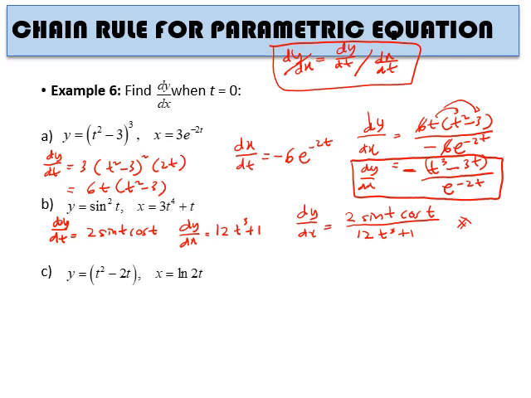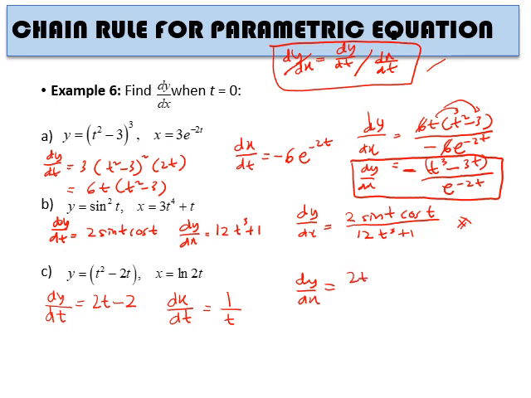Okay. How about c? Will be dy over dt. Differentiate y with respect to t, so you will get 2t minus 2. Dx over dt will be 1 over t. So next, dy over dx, use this formula again.